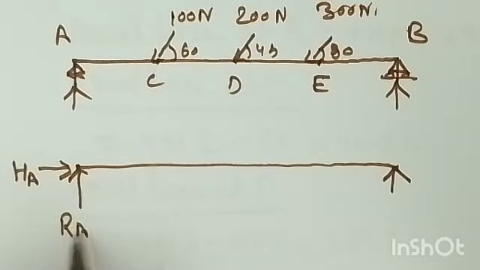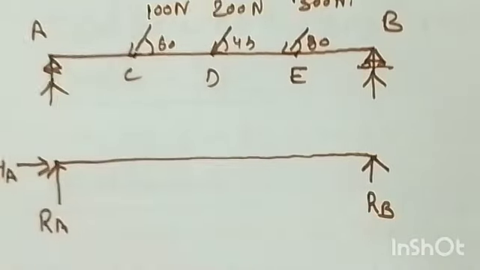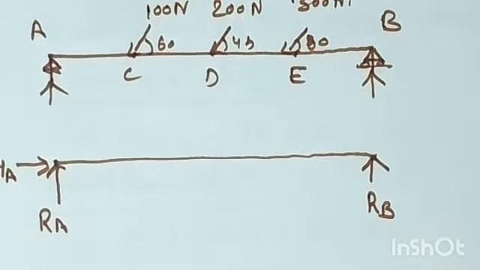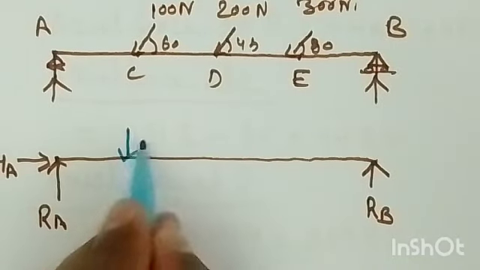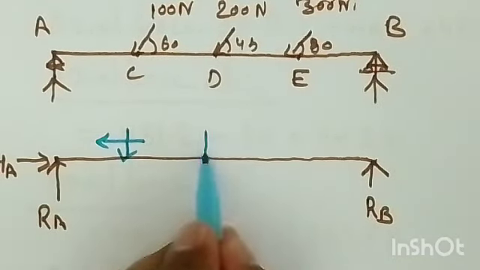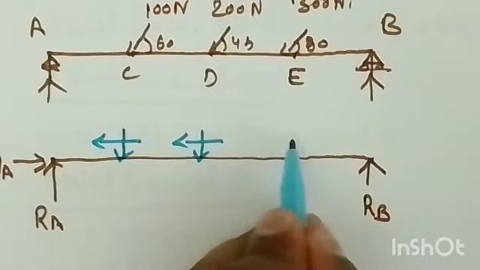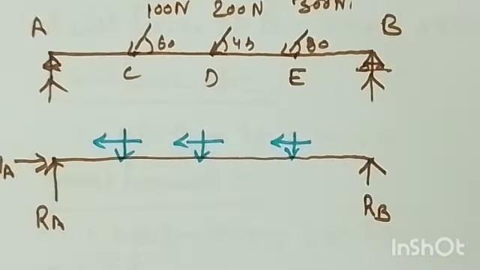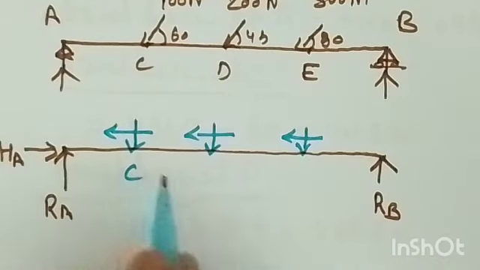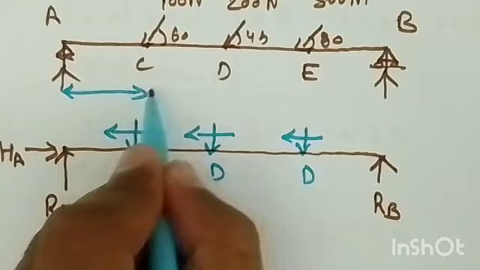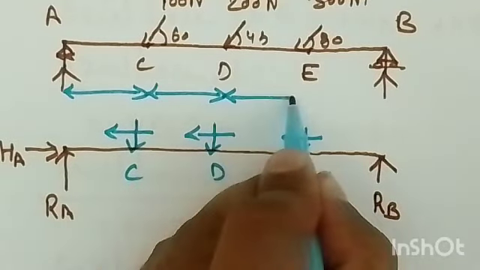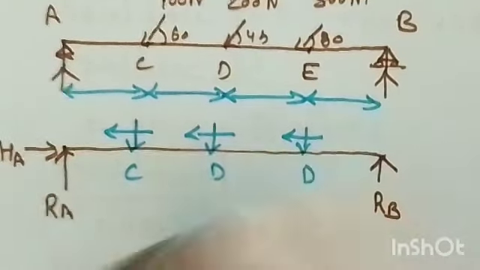All right, now as you have inclined forces given, we'll get their components, horizontal and vertical. I'll show you that this is your vertical and this is horizontal, this is also vertical, this is horizontal, this is vertical and this is horizontal. Values I am not writing, just remember C, D and E. So this distance is 1 meter, this is also 1, this is also 1 and this is also 1.